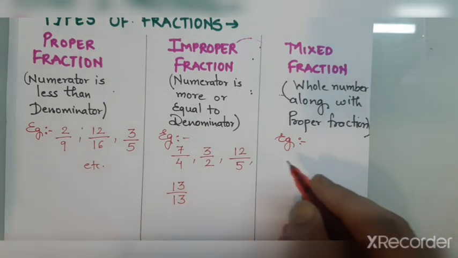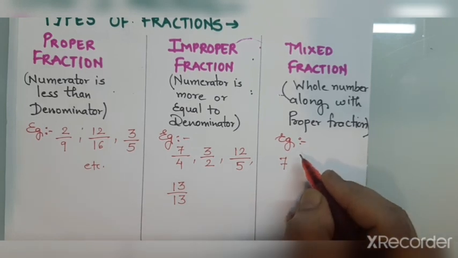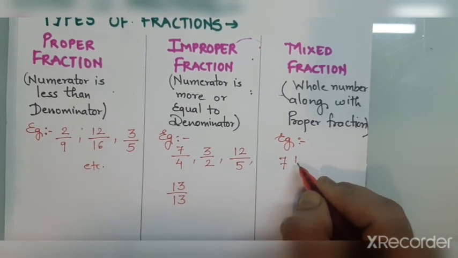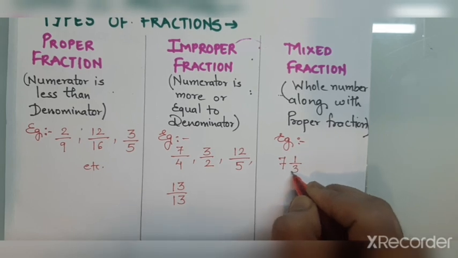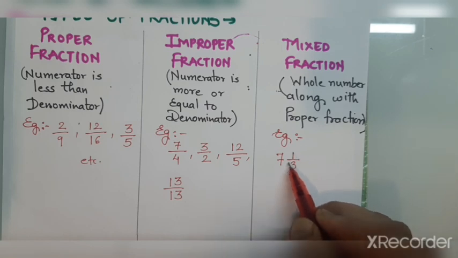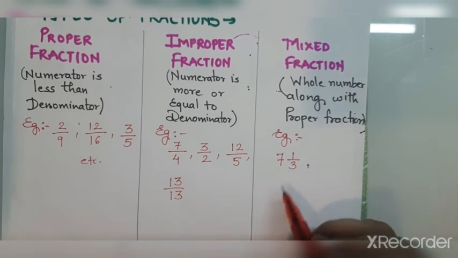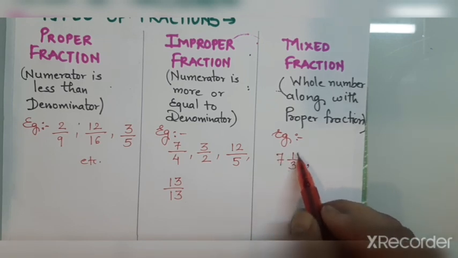So I can write 7 and a proper fraction, say 1 upon 3. So it has a whole number 7 and a proper fraction, where the numerator is less than the denominator. This is the way of writing it: you write the whole number and then you write the fraction.